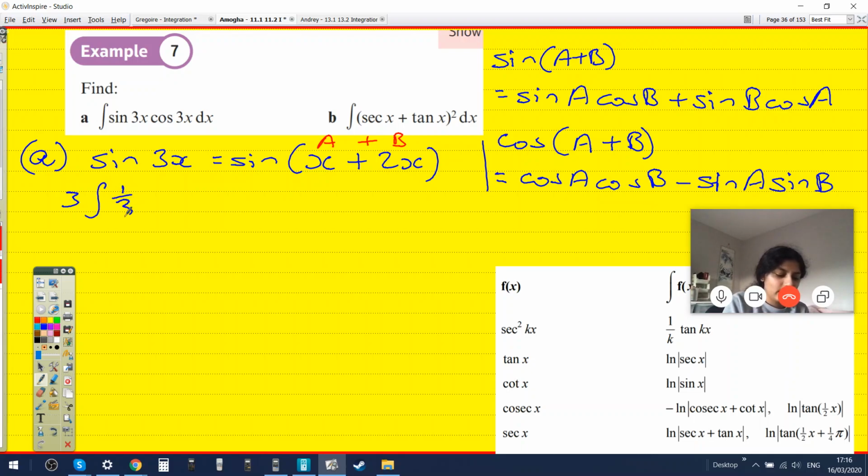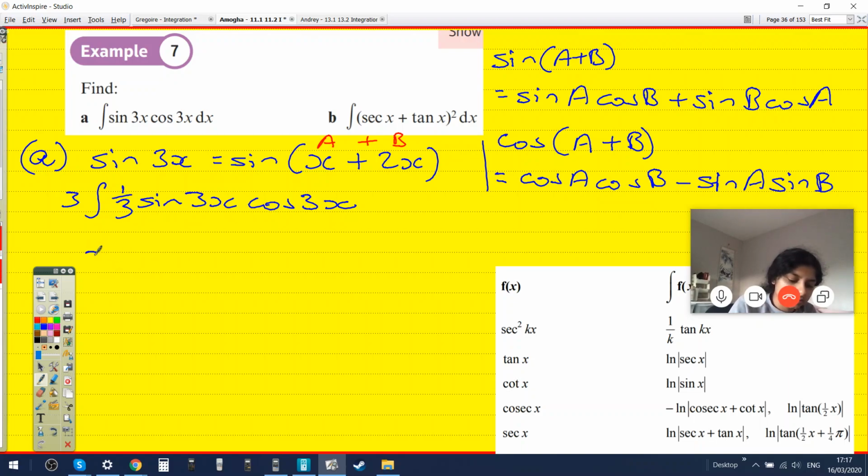So then you'd have 1/3 sine 3x cos 3x. And then you can just integrate it and you would get cos 3x the whole squared over 2 plus c, and then times the whole thing by 3.